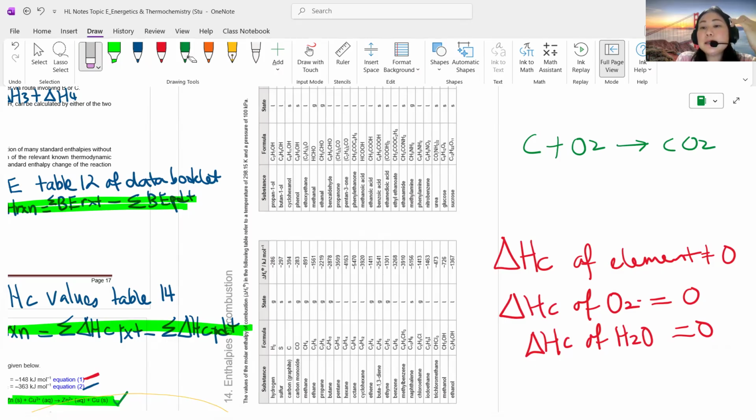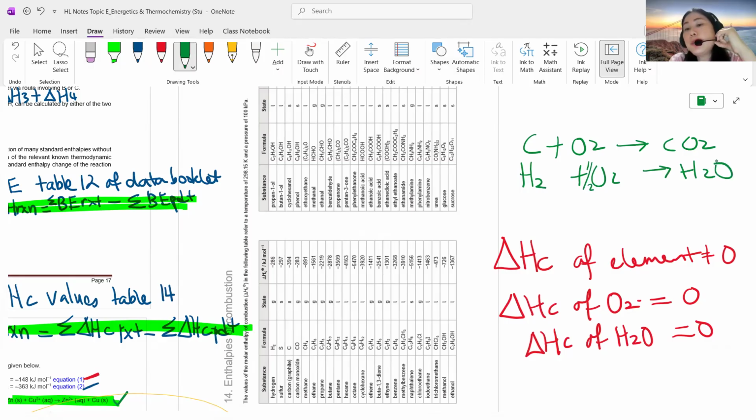Can I burn hydrogen? Can. If I burn 1 mole of hydrogen in excess oxygen, then I'll get water. So there will be an enthalpy change for this burning. This burning is called combustion, so there will be an enthalpy change of combustion.